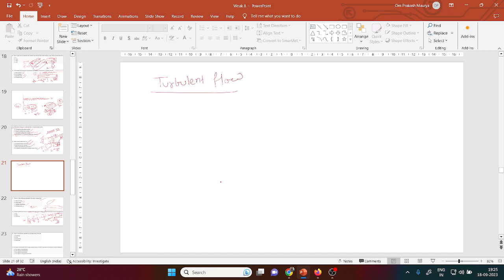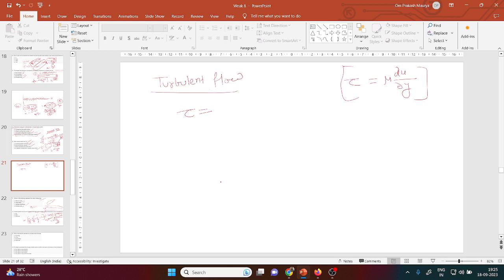Basically, in case of turbulent flow, if you need to write the shear stress, in the laminar case we have already seen Newton's law of viscosity, mu du by dy. So this is the stress.